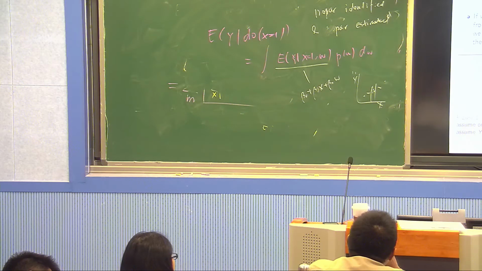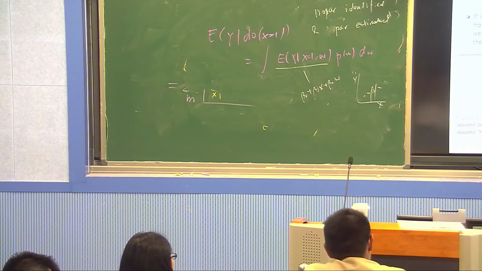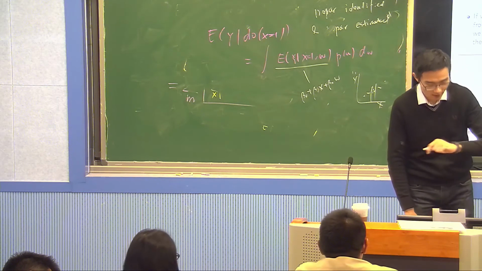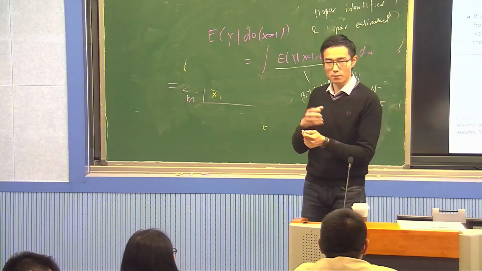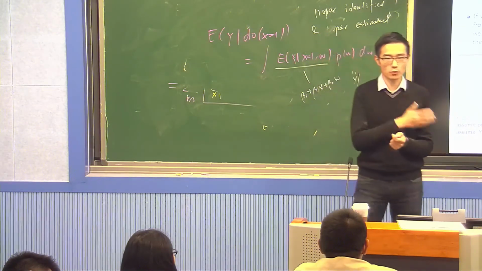And if we are willing to put some parametric assumption on what the function governing this graph looks like, then we're able to get the causal effect. You are familiar with instrumental variables, so all I'm doing here is putting the instrumental variable in terms of graph language.